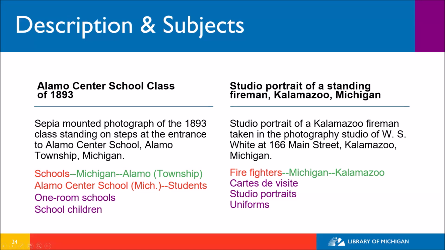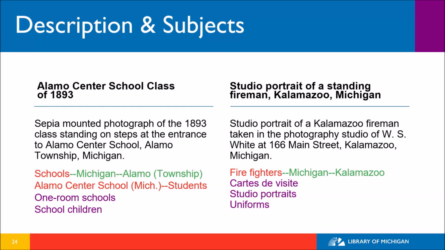And in the subjects, we were able to use controlled vocabularies to call out the important facts or details of the object. So under the Alamo Center School class, in red, you'll see the Library of Congress authorities: schools, which is a subject, and Alamo Center School, Michigan, which is a name authority.